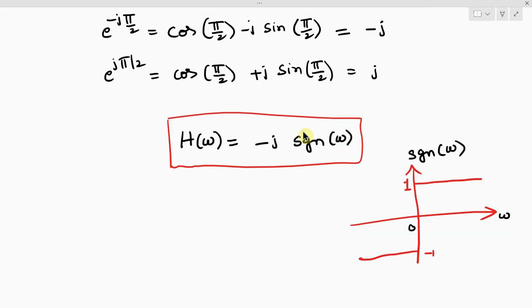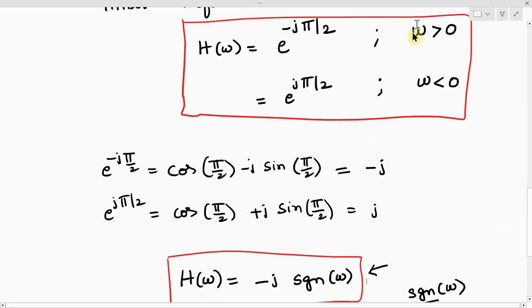Do you remember this signum function? Yes, sir. So for positive frequencies, what is the value of the signum function? 1. And for negative frequencies? Minus 1. Now, accepted this definition?